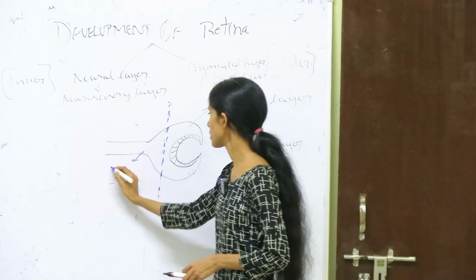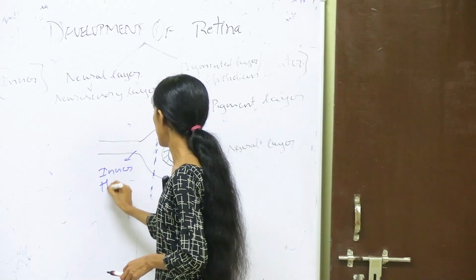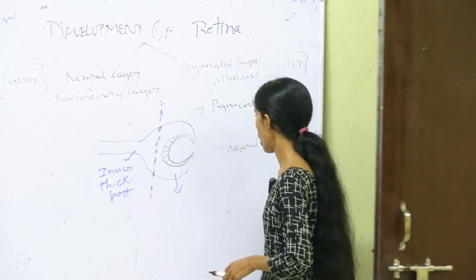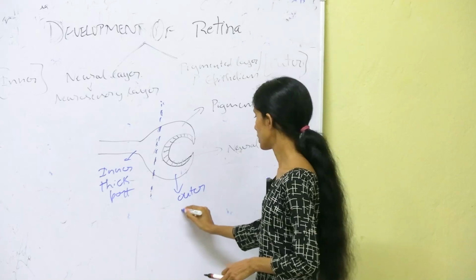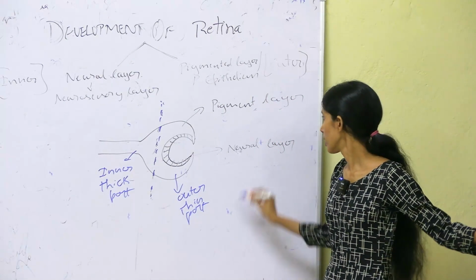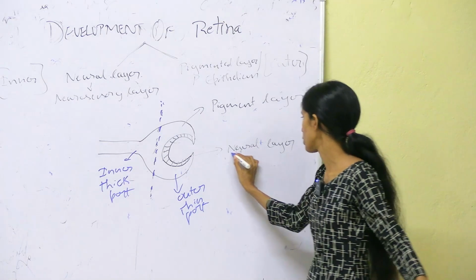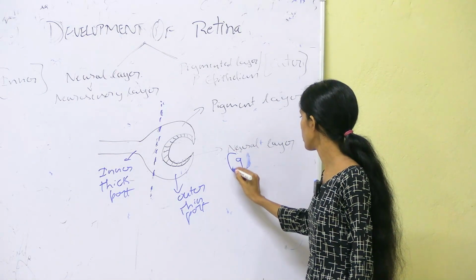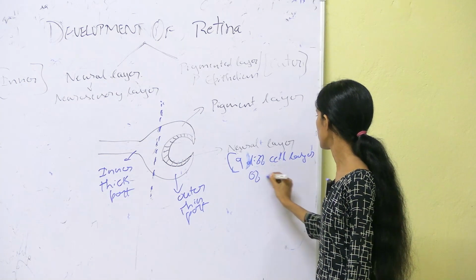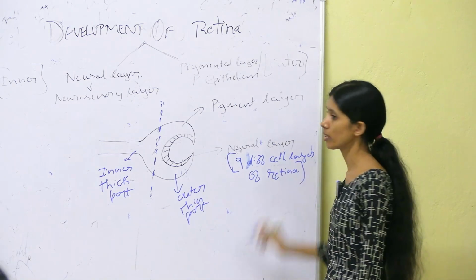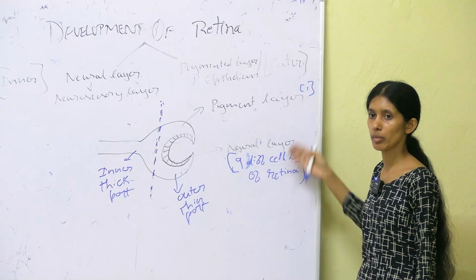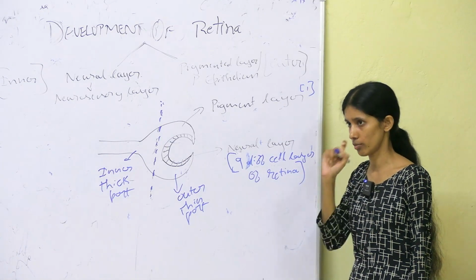This part is called the inner thick part and this part is called the outer thin part. Your neural layer will give rise to 9 different cell layers of the retina, and your pigment layer is the one separate layer. Together this makes the 10 layers of your retina.